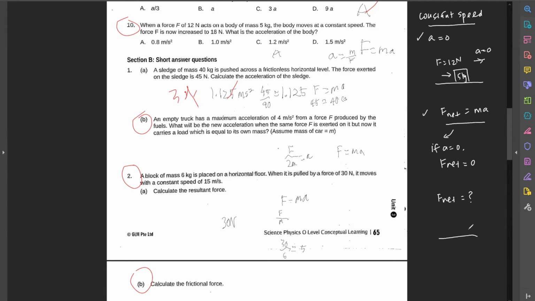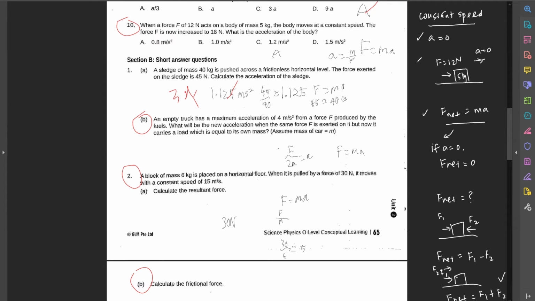If I have an object with one force, two force, resultant force will be Force 1 minus Force 2. Then if I have two forces, Force 1 and a Force 2 going this way too, then resultant force will be Force 1 plus Force 2. So that's the summary we can get down here.